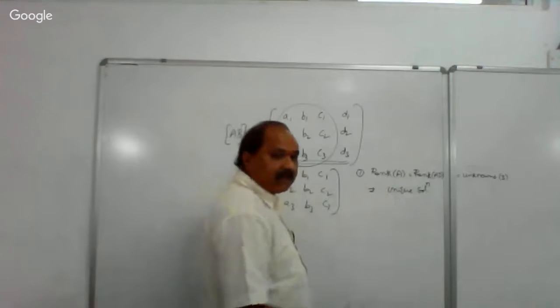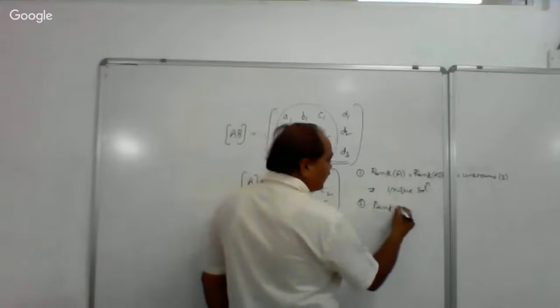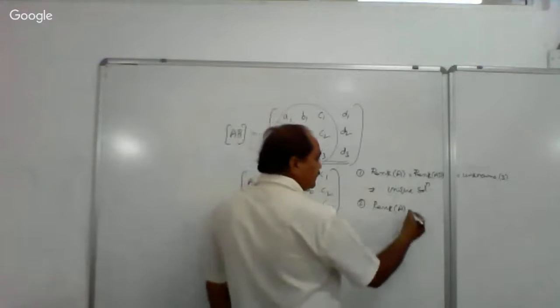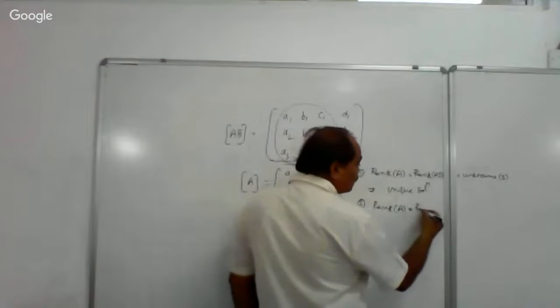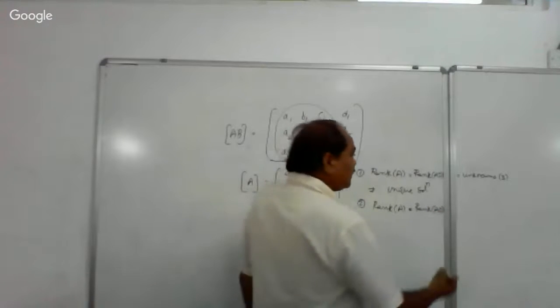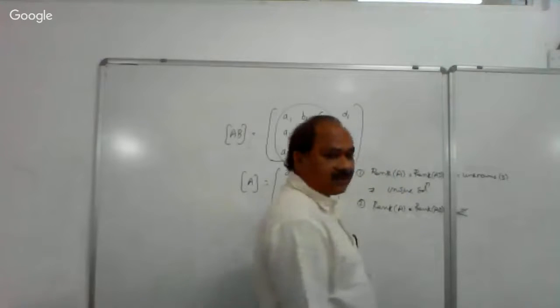What is meant by rank? Now the second case: the rank of the coefficient matrix equals the rank of the augmented matrix, but that is less than the number of unknowns, which is always 3.